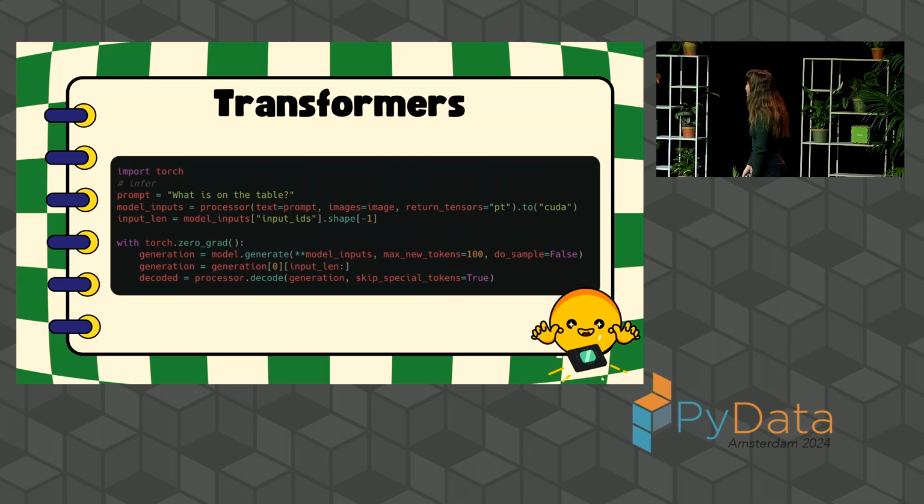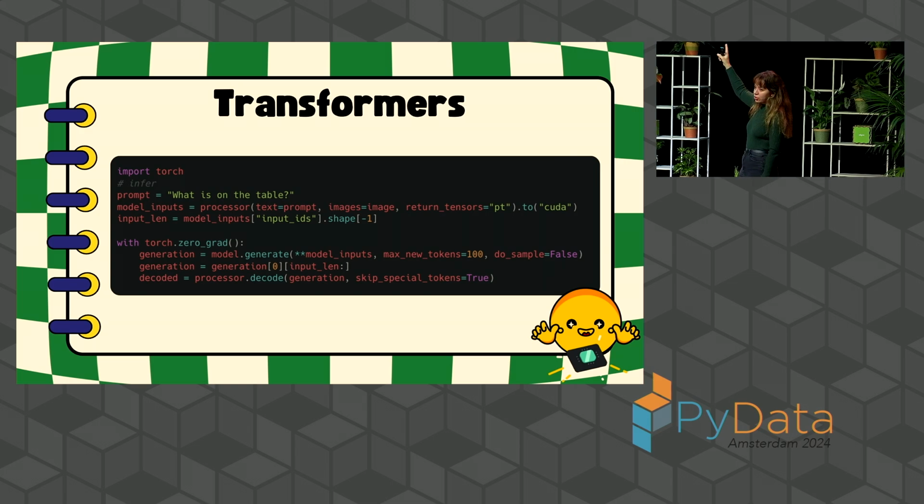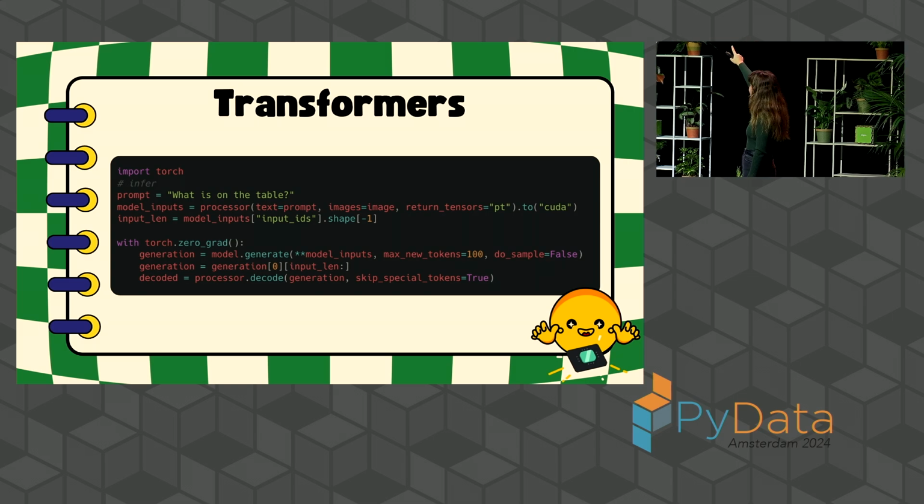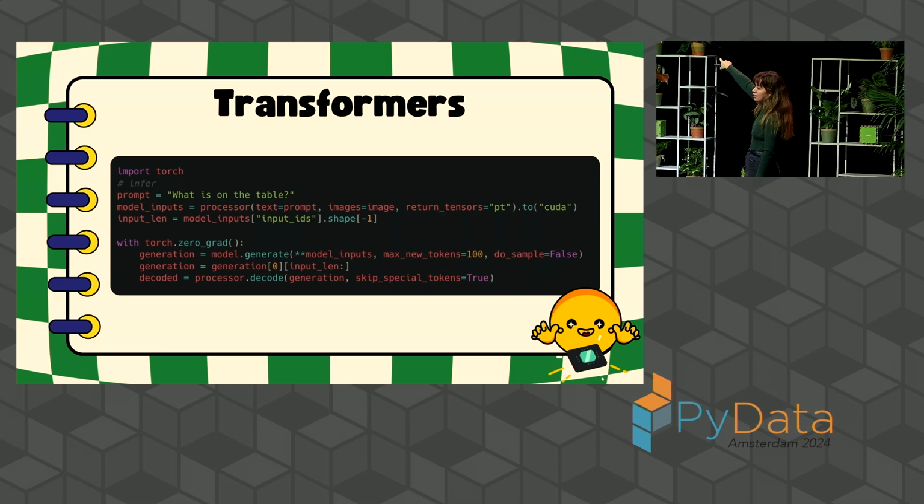the model. So for instance, you input an image, and you input "what is on the table" as a prompt. You process them first. They have to be processed, as in, if you know the term, text is tokenized and images have to be processed. And then you pass it to model.generate.